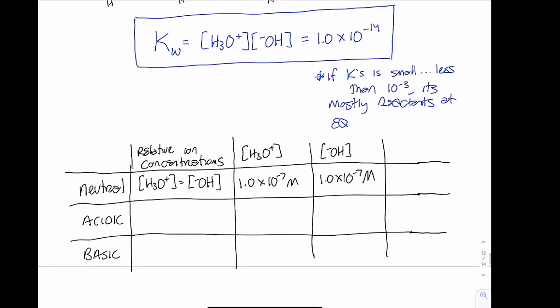If we have an acidic solution, my hydronium ion concentration is going to be greater than my hydroxide ion concentration. In terms of numbers, hydronium is going to be greater than 1.0 times 10 to the negative 7th molar, and hydroxide is going to be less than 1.0 times 10 to the negative 7th molar.